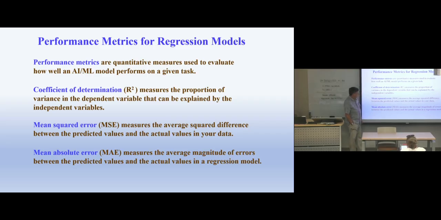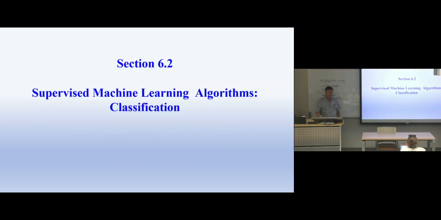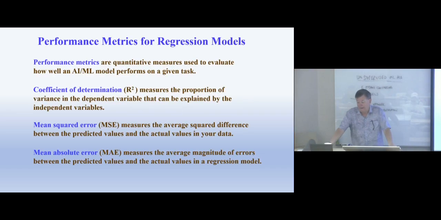Some people use mean absolute error. I think we're sticking with just mean squared error and R squared. So that's very straightforward on regression. What you've got to do there is figure out these values. It'll give you an idea of how accurate your regression line is.